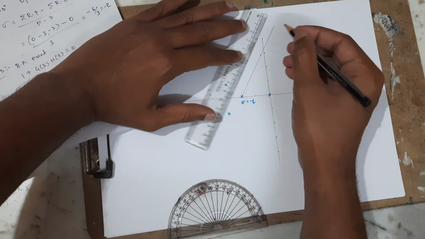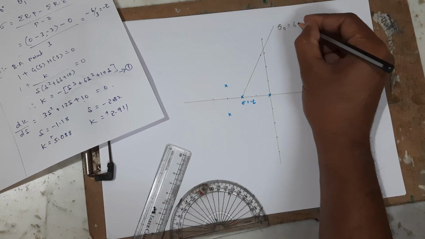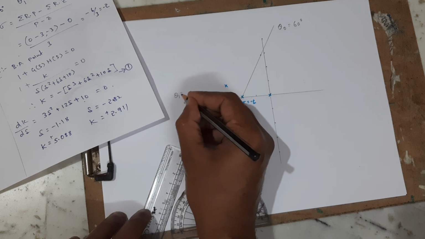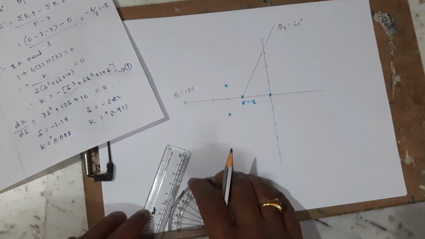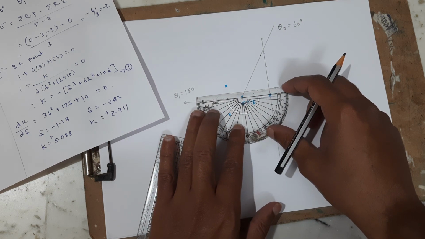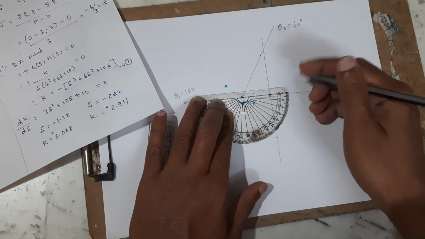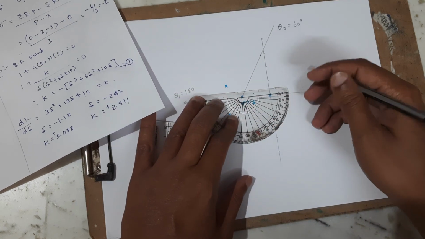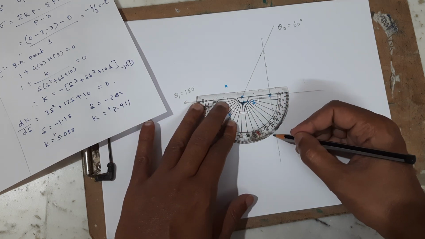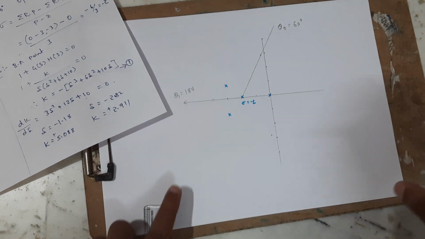Then theta 1 is equal to 180 degrees. Then theta 2 is equal to 300 degrees. You can mark it over here.